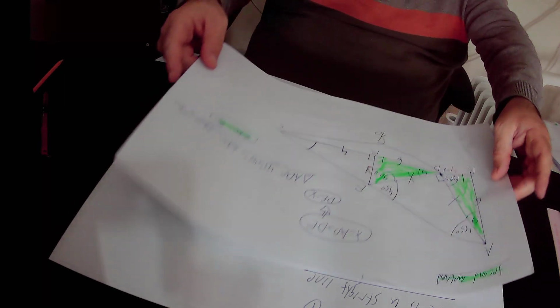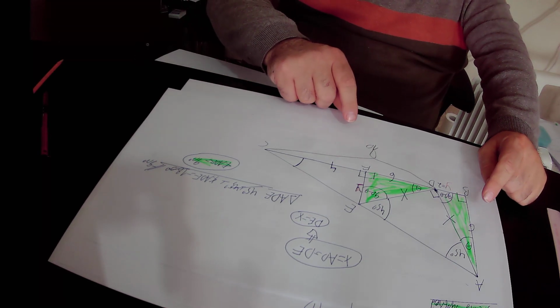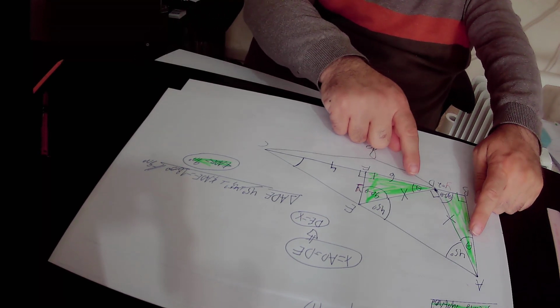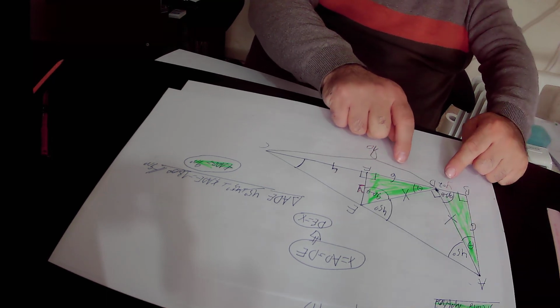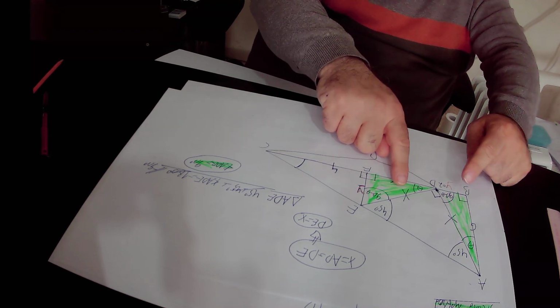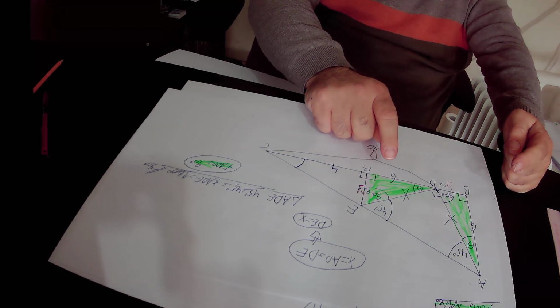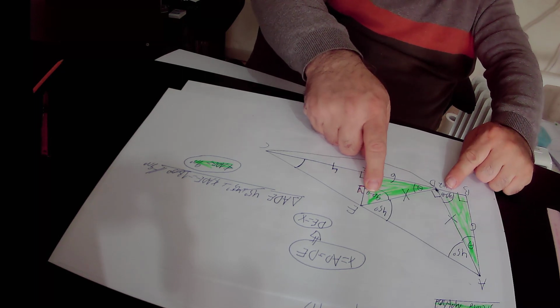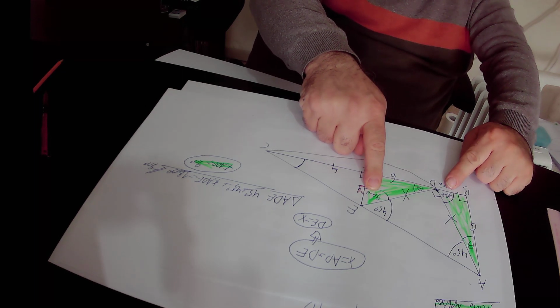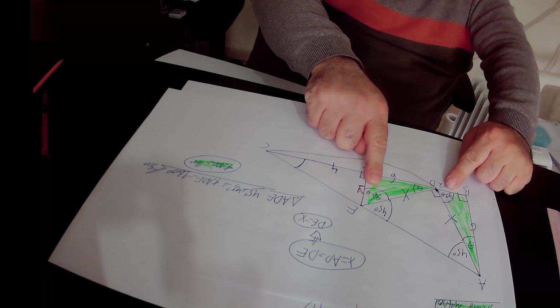First of all, we know that those two angles are equal to each other, they are both equal to theta. We have side AD that is equal to side DE and it is equal to x. And we have also those two angles, they are equal to each other, they are both equal to 90 degrees minus theta.